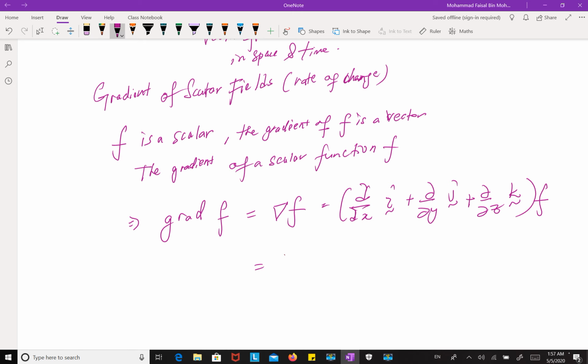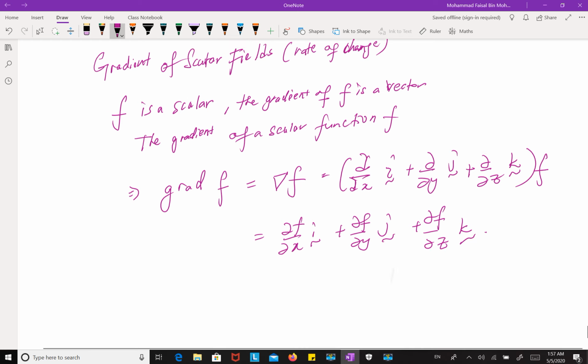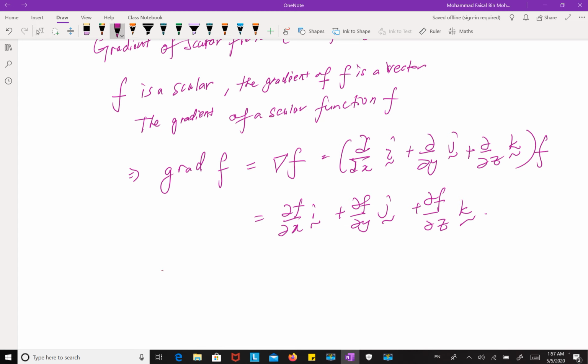So you can also write it as del f over del x i plus del f over del y j plus del f over del z k. The symbol is called del, or we can say nabla.